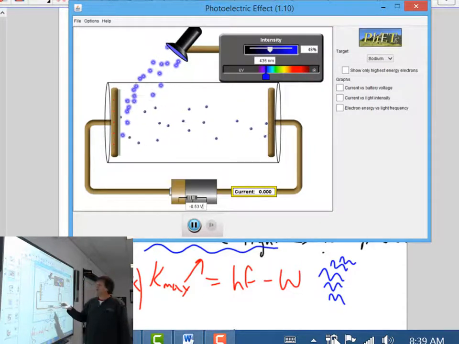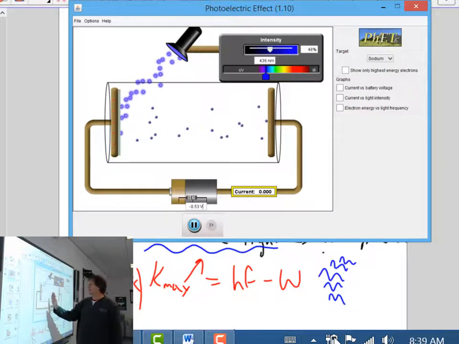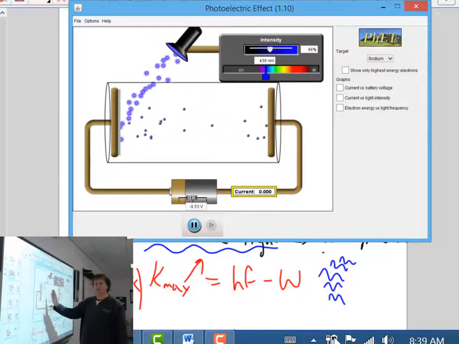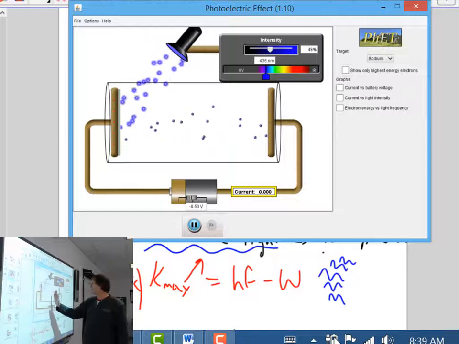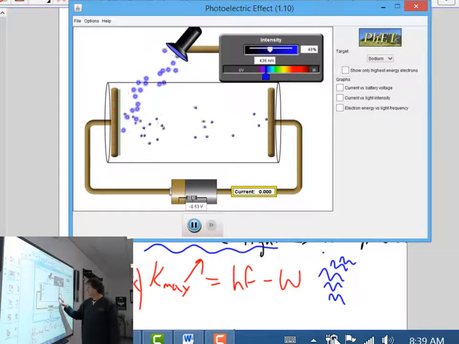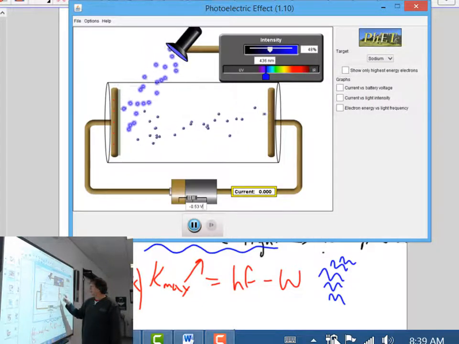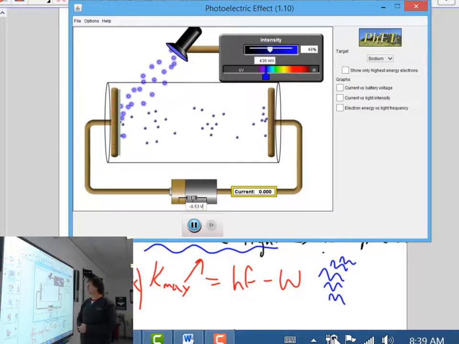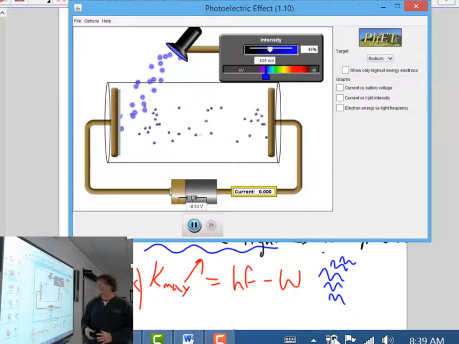And what you should be able to see happening is some of them are turned around fairly quickly here, a shorter space because they've got less energy, but some of them are making it all the way to almost touching this plate here, almost touching the plate. Now, based on that then, we've just stopped the fastest ones, the ones with the most kinetic energy, the Kmax ones.